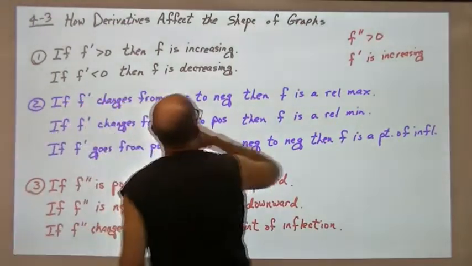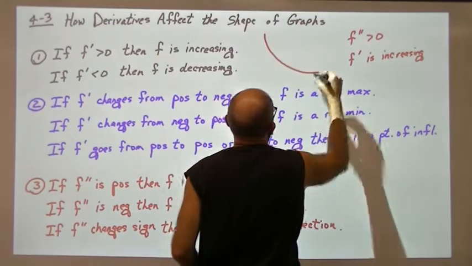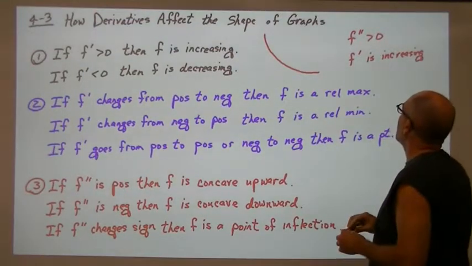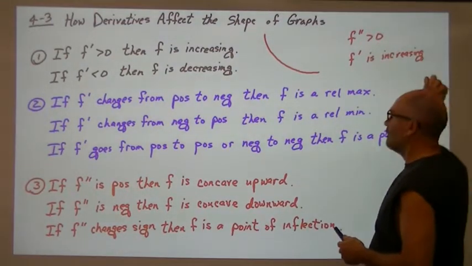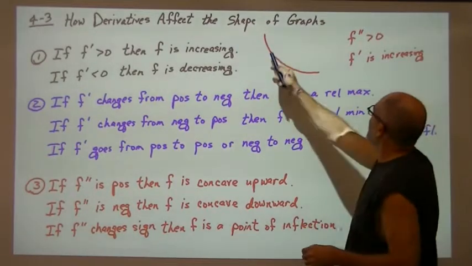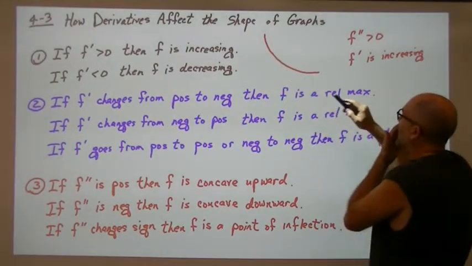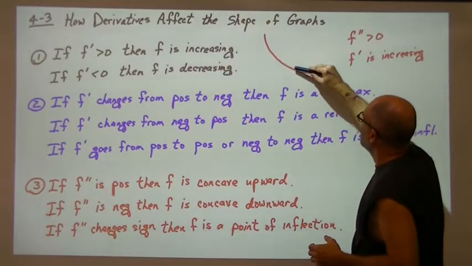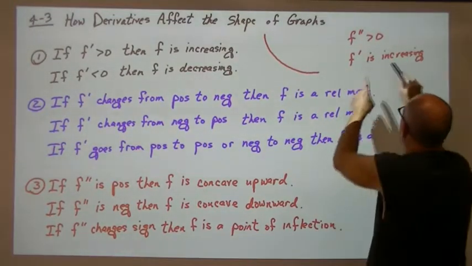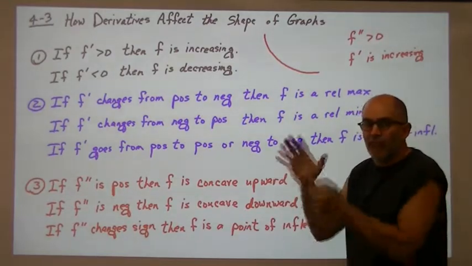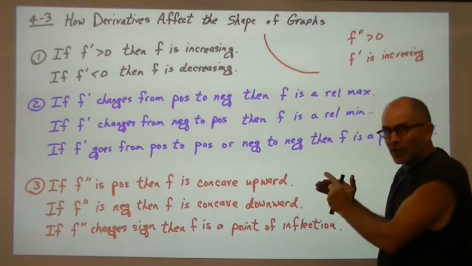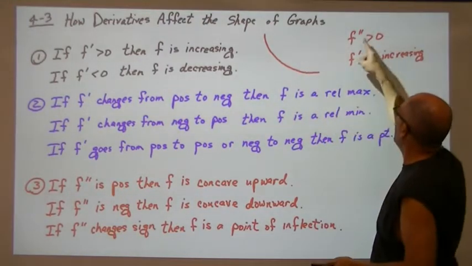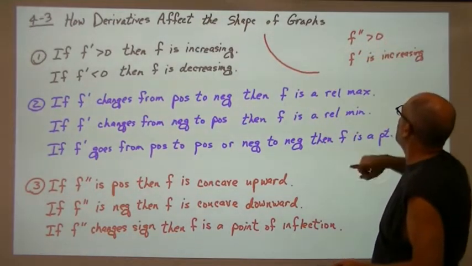Here's f decreasing. Now, what's going on? Well, f double prime is still positive. Why? Because what's the steepness of f doing? It's really negative, and it's getting less and less negative as we go. So f prime is increasing. It's going from a big negative to a smaller negative. So this is also concave upward. F double prime is also positive.